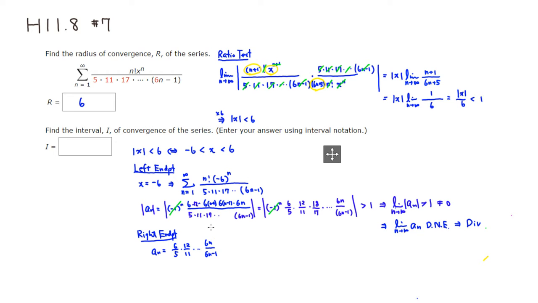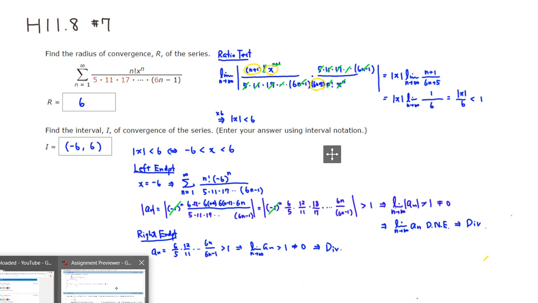This is greater than 1, so the limit of a_n as n approaches infinity is not equal to 0. So it's divergent, which means we exclude negative 6, and we also exclude positive 6.